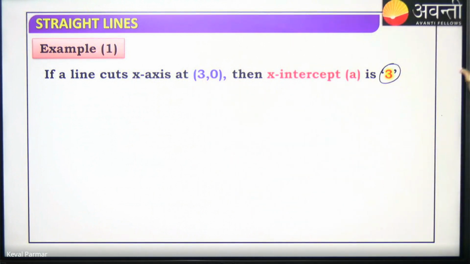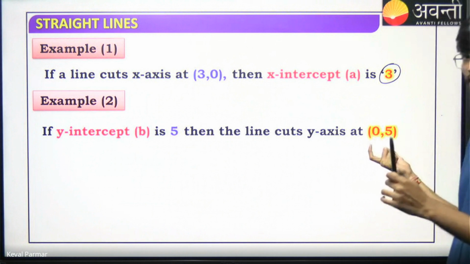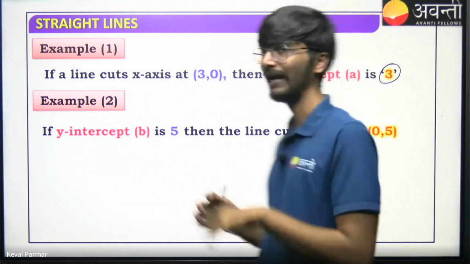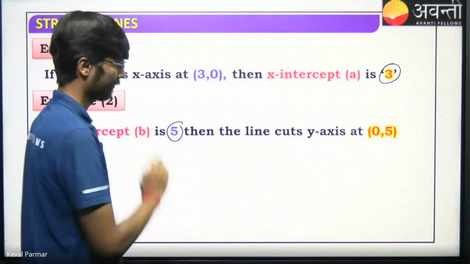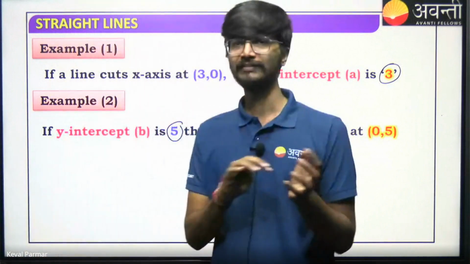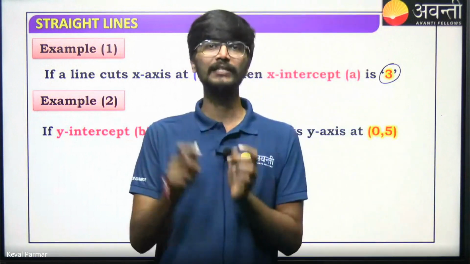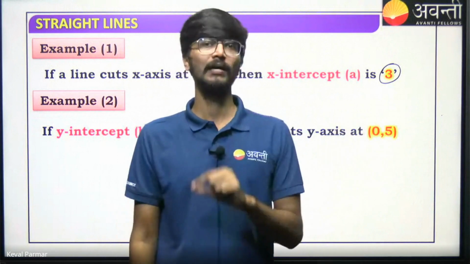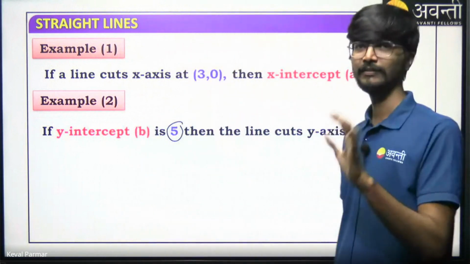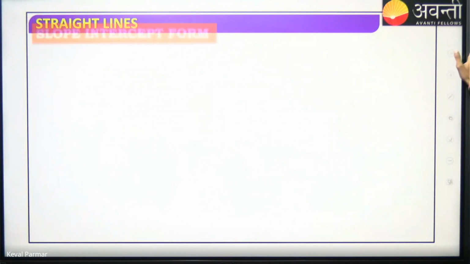Similarly, if a line cuts the y-axis at 0 comma 5, then the y coordinate, that means 5, will be the y-intercept. It works both ways. If the y-intercept is 5, then the point at which the line cuts the y-axis will be 0 comma 5. I hope the intercept concept is clear. Let's see what we have next.